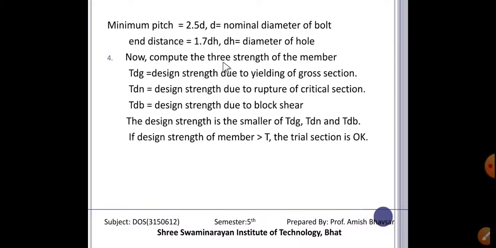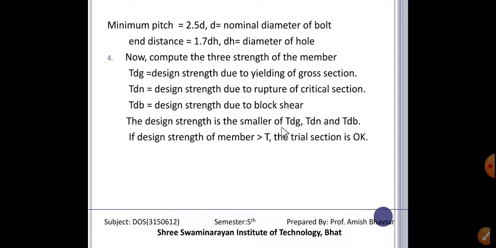Now compute the three strengths of the member that we discussed just before, that is TDG, TDN, TDB. From this the smaller value is known as TD, and the design strength TD is greater than this T, and the trial section is okay.